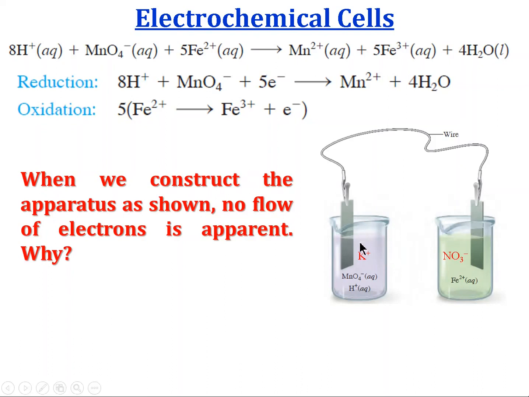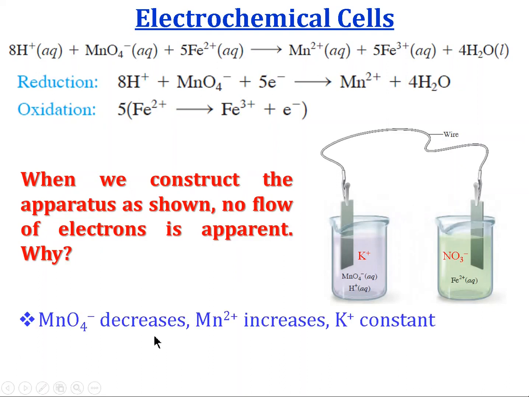And we join these two beakers by a wire. So when we construct the apparatus as shown, no flow of electrons occurs. So what is the reason? In other words, if we construct this electrochemical cell this way, we could not produce electricity. So what is the reason?